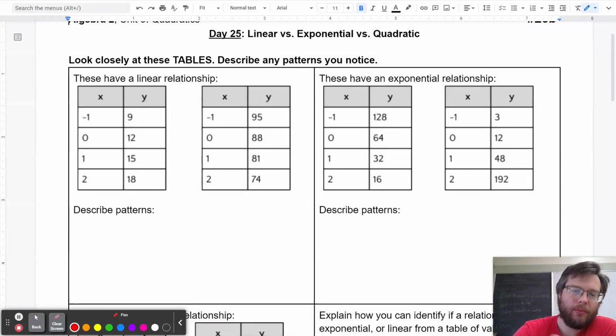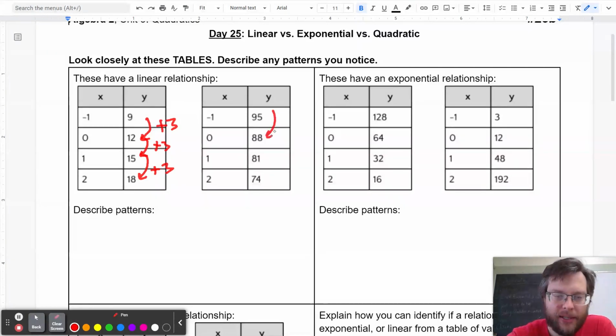So on a linear relationship, what you should notice is that as you move from one y value to the next, there's a constant thing that's happening. On this first table, we're always just doing plus 3, plus 3, plus 3. And on the second table, we're always just doing minus 7, minus 7, minus 7.